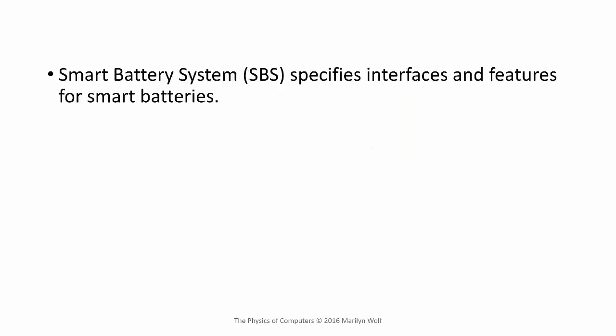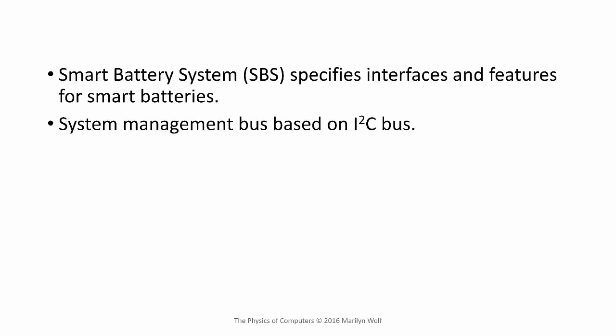The smart battery system is a standard that's used to connect batteries. The smart battery system is a standard for adding circuits that provide information about the battery that can be queried by the host system.